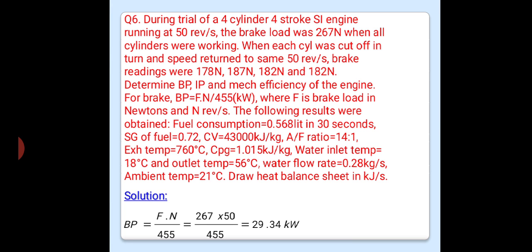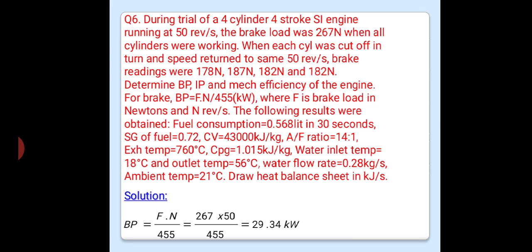So in this problem we have to find brake power, indicated power and mechanical efficiency. Also, we have to draw the heat balance sheet. For calculating brake power, they have given the formula BP is equal to F into N upon 455 kilowatt. The value of N is 50 revolutions per second.